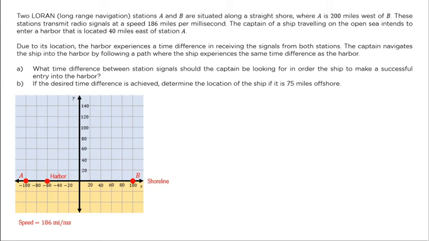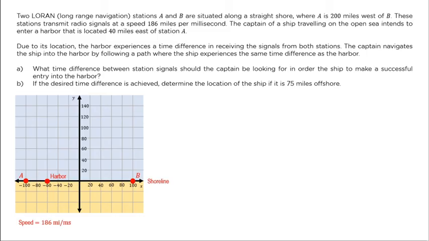Now, this is just the same with problem number 1. In problem number 1, we are looking for the difference of the distances, right? So here, we are going to look for the time difference instead. Because if we have the same time difference, it will follow that we will have the same difference of the distances since the speed is constant, right?